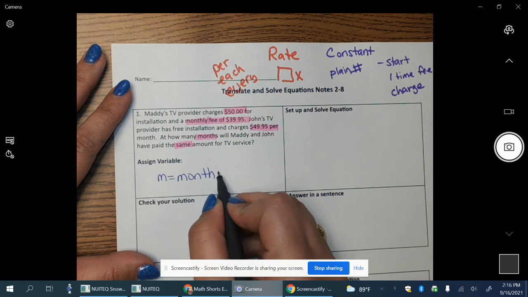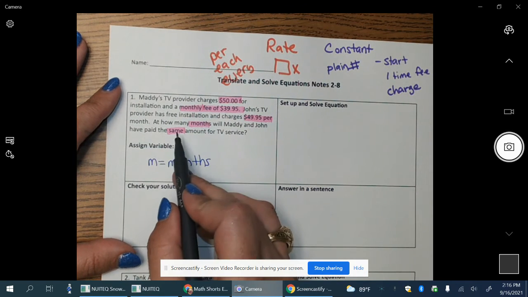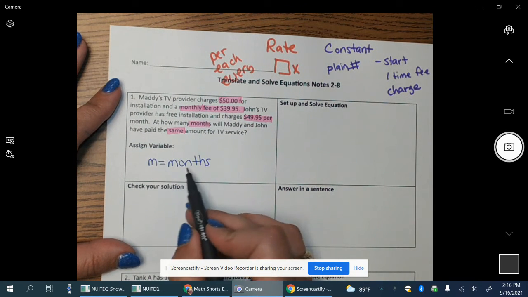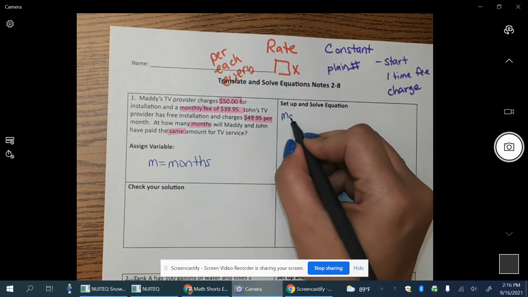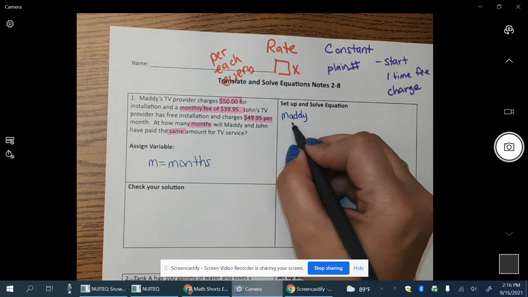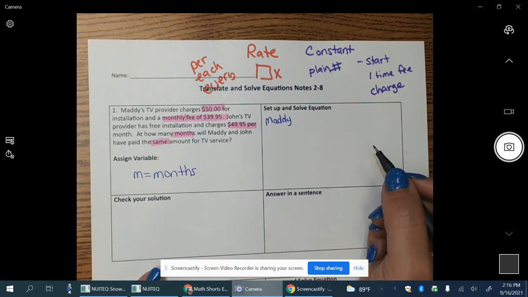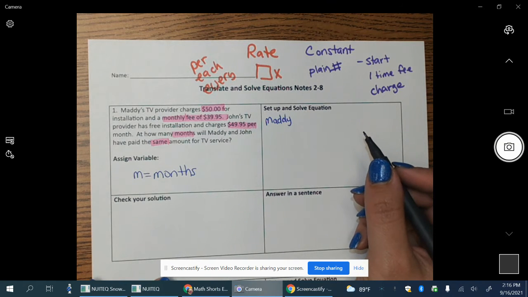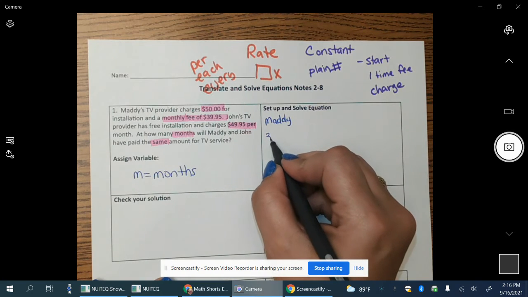Now, you can always do X, but I just want you to get used to seeing other letters. Okay? It says how many months. That is my variable. That is what I'm looking for. Okay? All right, so we're going to set up Maddie. First, ask yourself, what is her rate? What is something that's happening multiple times? The monthly fee of $39.95. Monthly fee, so $39.95.